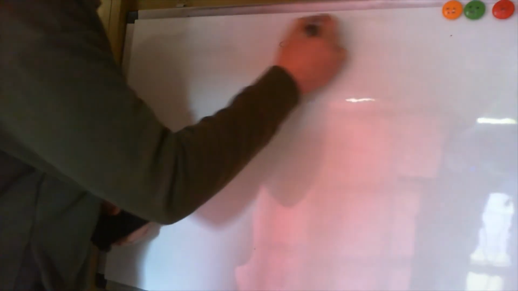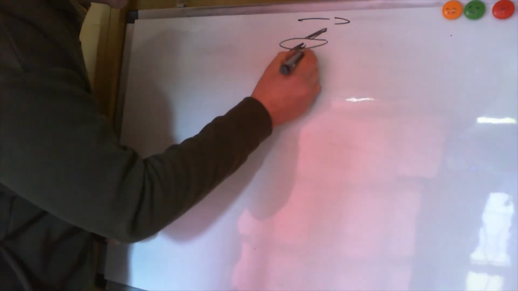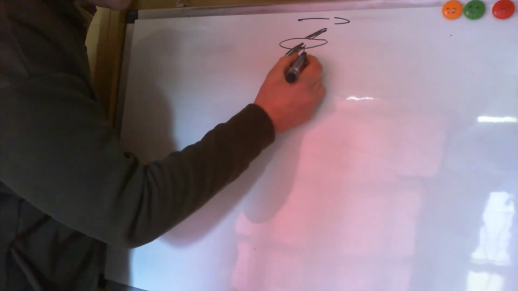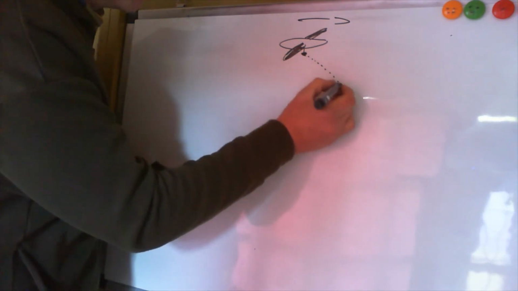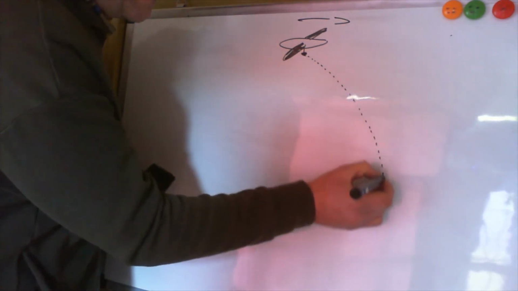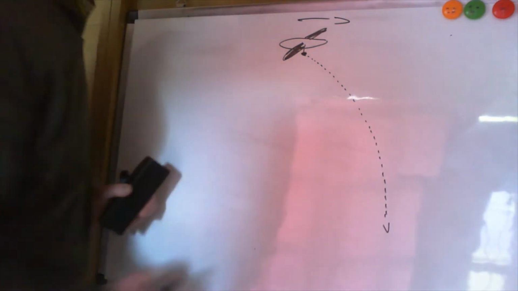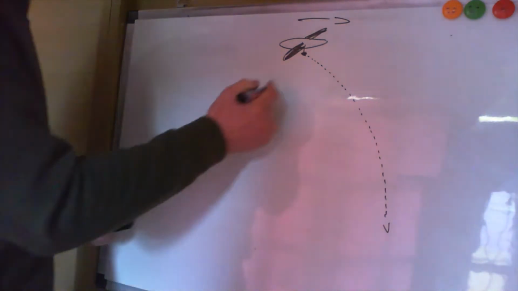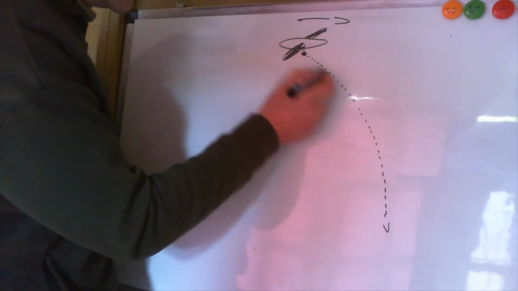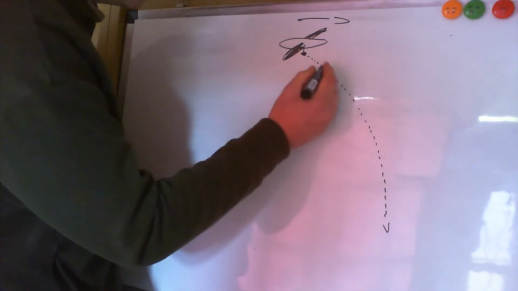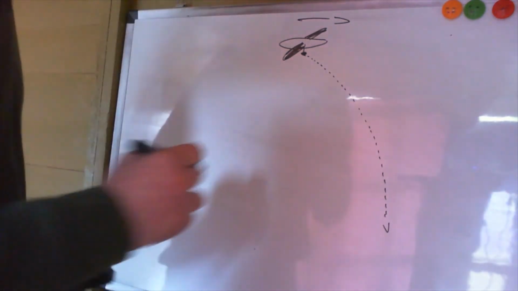And say this plane's going that way. When you drop this little item, it's going to fall like that. And what you'll find is this velocity here is made up of two velocities.